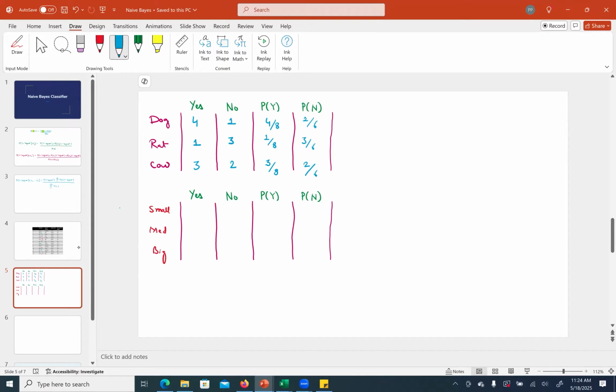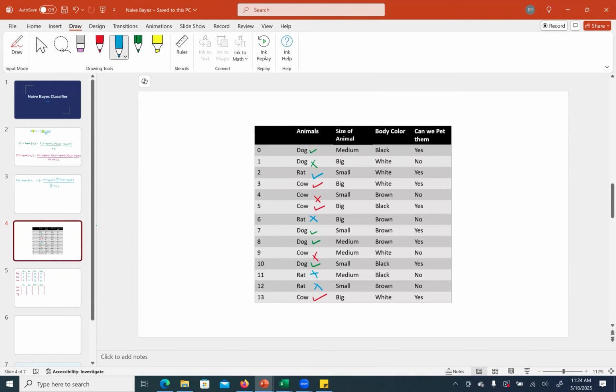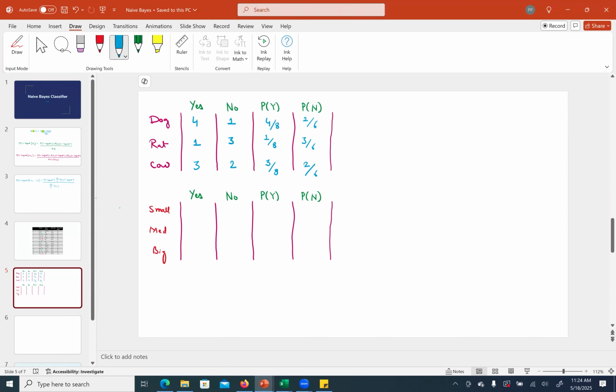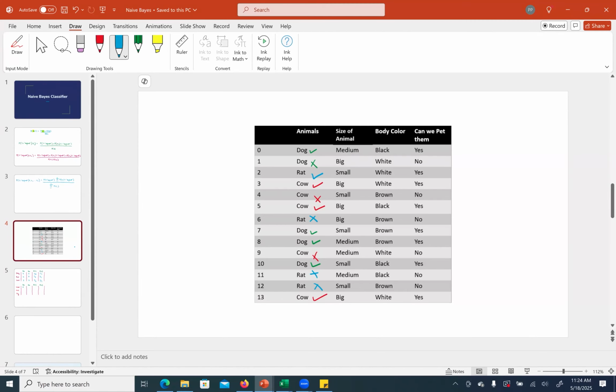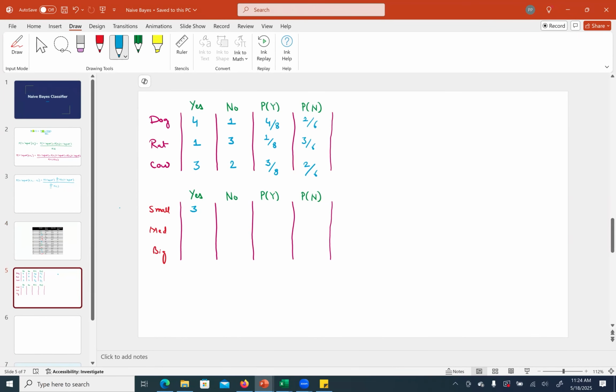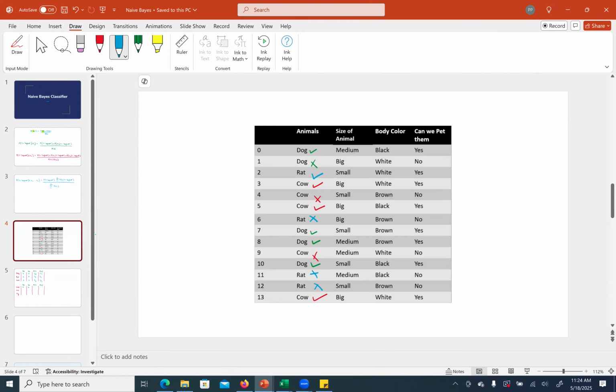And I want to see how many yes and no's are there. For small, it is going to be 3 yes. And how many no's are there? 2. So 2 are there. For medium, let's mark it. It is a yes, yes, no, no, right? 2 yes, 2 no.